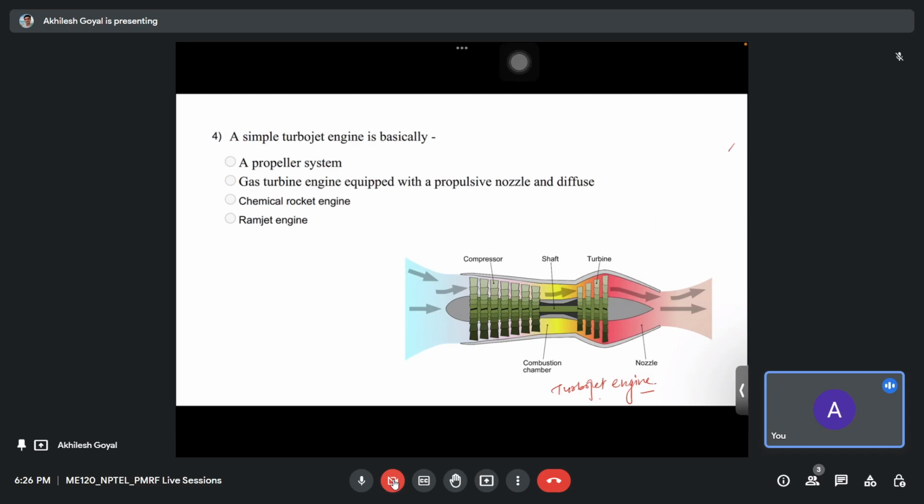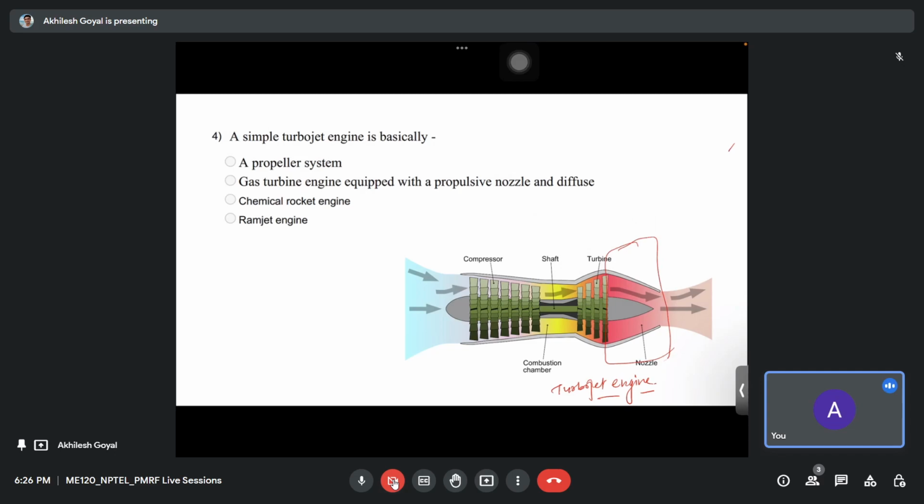Okay. So basically, this compressor, combustion chamber, and turbine combined make a gas turbine engine, and the extra nozzle is there for propulsion purposes.